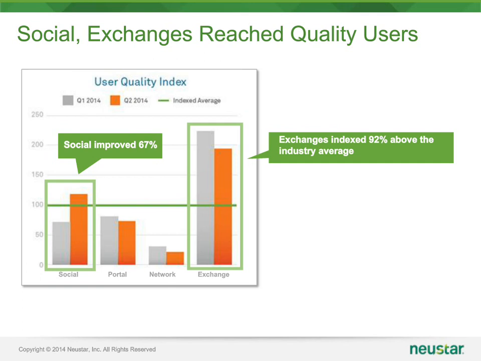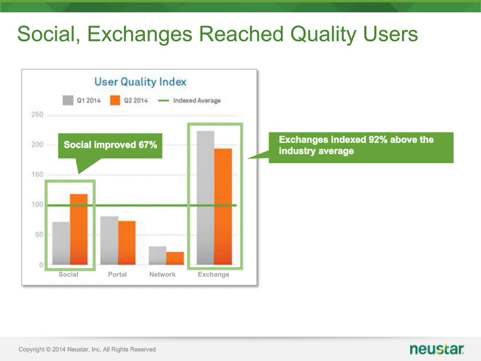And again, what we see here is that social and exchanges perform above the indexed average on user quality. Interestingly, exchanges are outperforming social by 66%, which is quite interesting, and that trend is continuing.